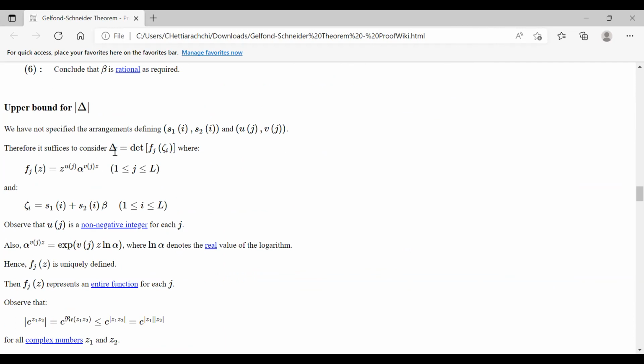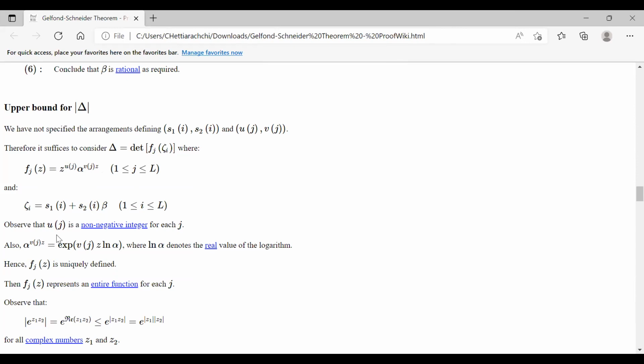We define delta as the determinant of Fj(zeta i), where Fj(z) is defined as z to the uj times alpha to the power vj z, with j going from 1 to L, and zeta i is s1i plus s2i beta, with i going from 1 to L.